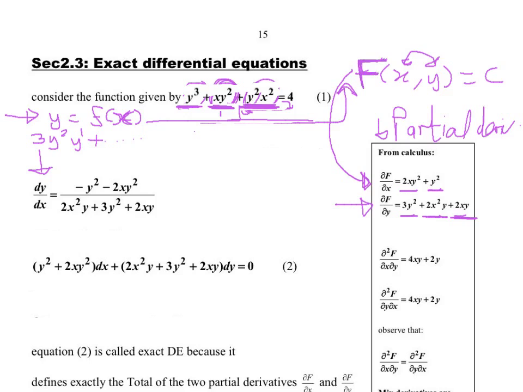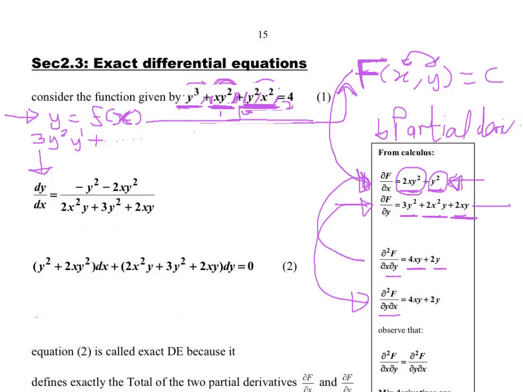We can also talk about the second derivative. You can differentiate this again with respect to y, and this again with respect to x, so you are finding the second partial derivative. We say this is a mixed partial derivative. If you differentiate this with respect to y, then you assume x constant, so this will be 4xy, and this will be, with respect to y, 2y.